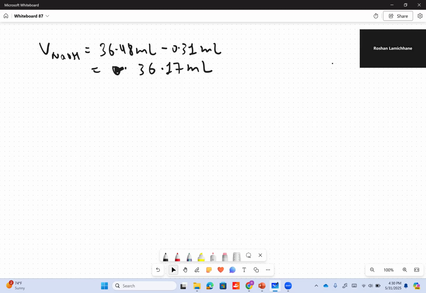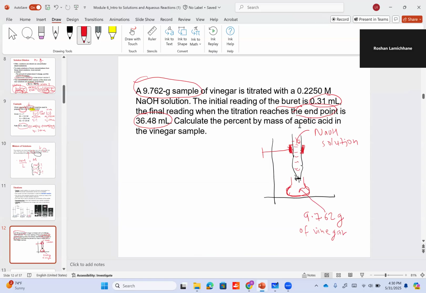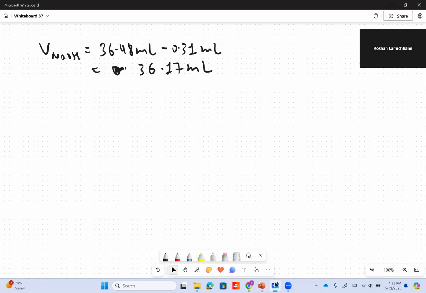And now I have been provided with the concentration of NaOH as well, because they have told me we started with a 0.2250 molar NaOH solution. All right, the concentration of NaOH has been provided to me as 0.2250 molar or moles per liter.